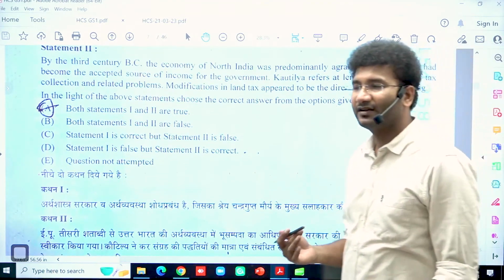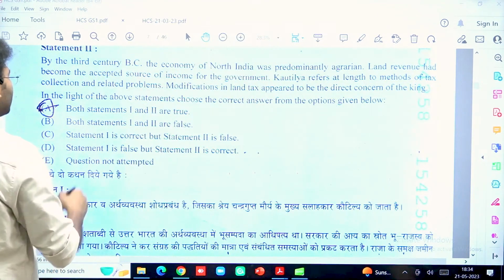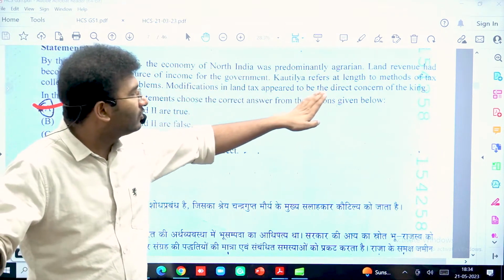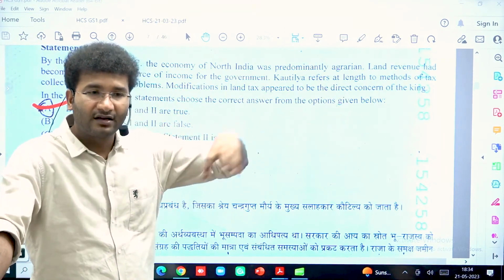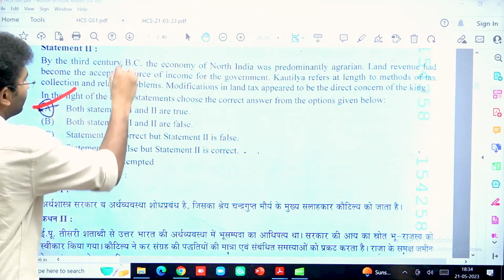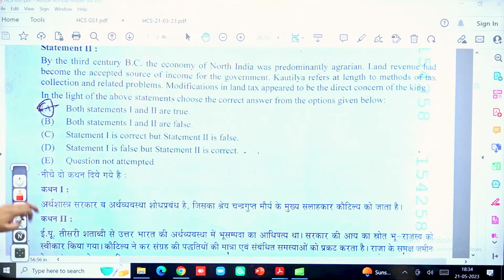Now see here, both the statements are right. It was mostly agrarian, and modifications in the land tax were the direct concern of the king. The king directly had the authority, right? So the answer would be A. Both statements are correct, there is nothing wrong in it.